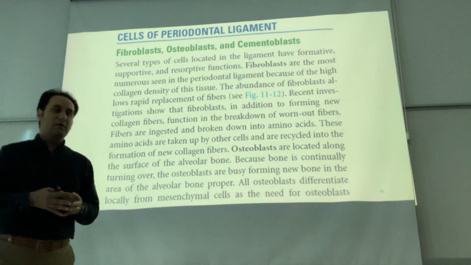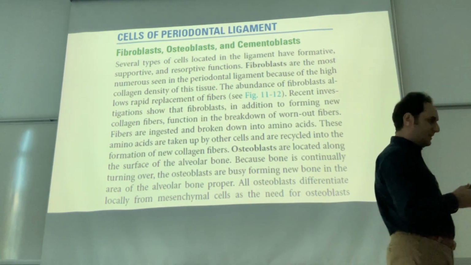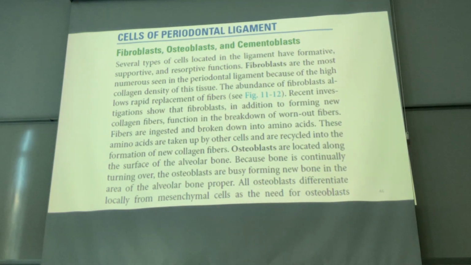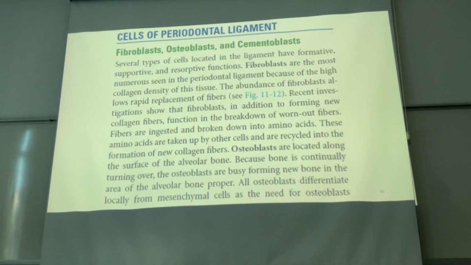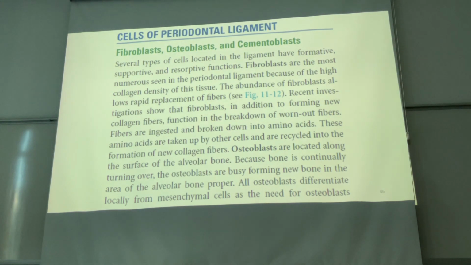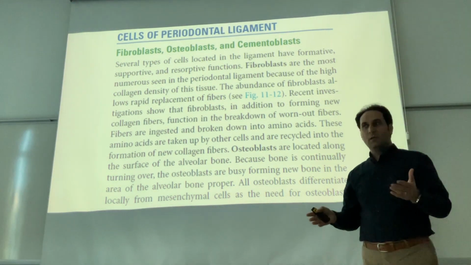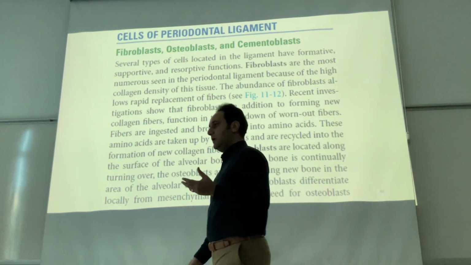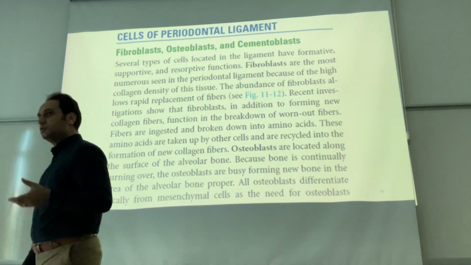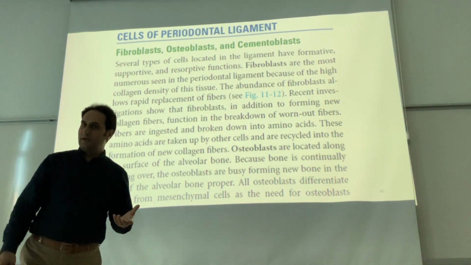The periodontal ligament has a role like the periosteum on the inner surface of bone. The inner surface of alveolar bone, which connects with the tooth, is covered with periodontal ligament. But on the other surface, we have the normal periosteum. Because of this, in the area near the bone tissue in the periodontal ligament, we can see osteoblasts, okay?